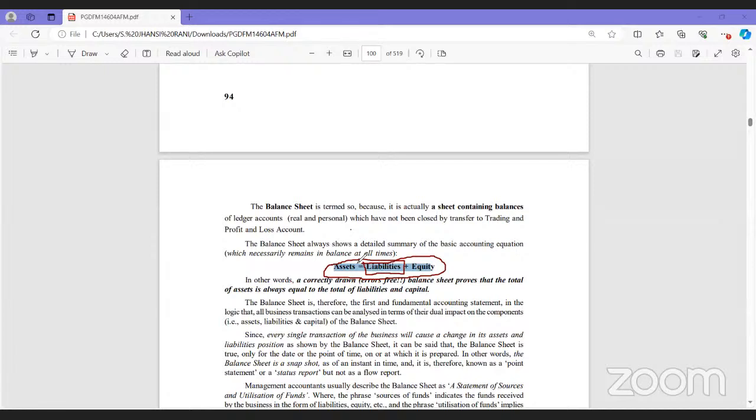Whatever the owner brings in the form of cash, which is called capital, is treated as a loan or due to the owner, so we call it equity. And liabilities means any loan taken from the bank or from outsiders, where the organization is due to the outsiders.